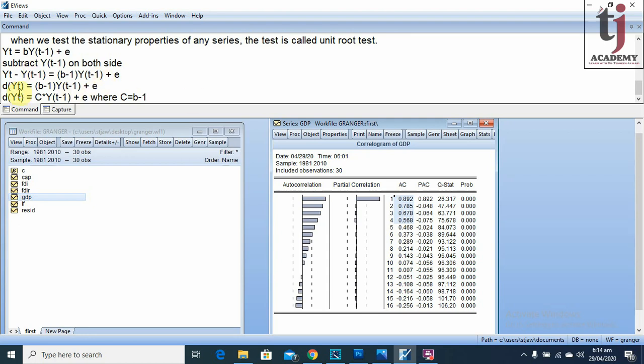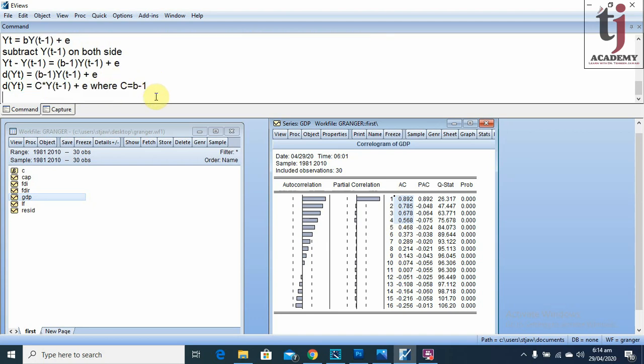So this is the equation. This is the equation of Dickey and Fuller.